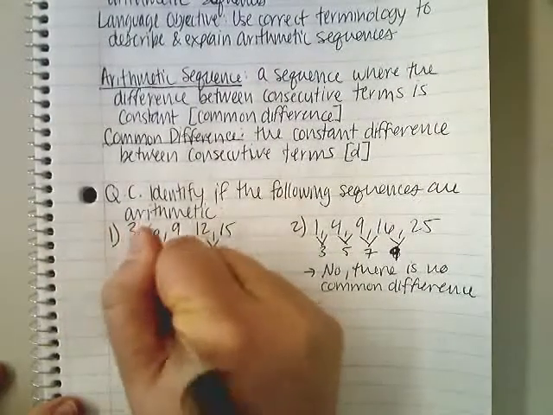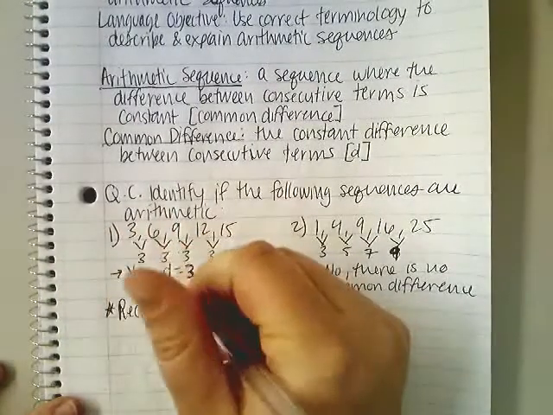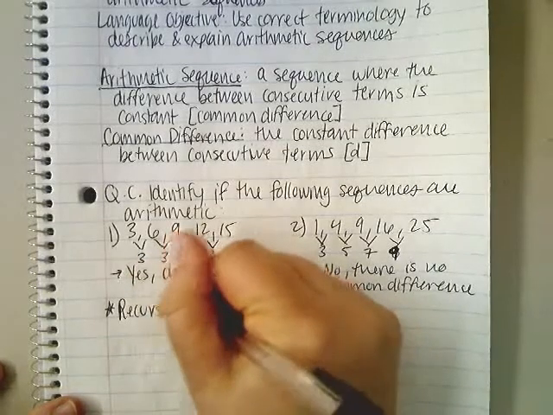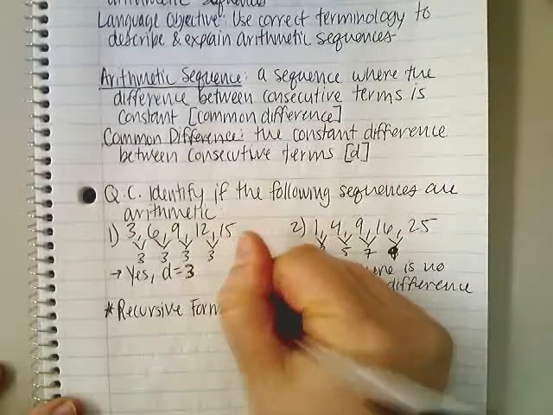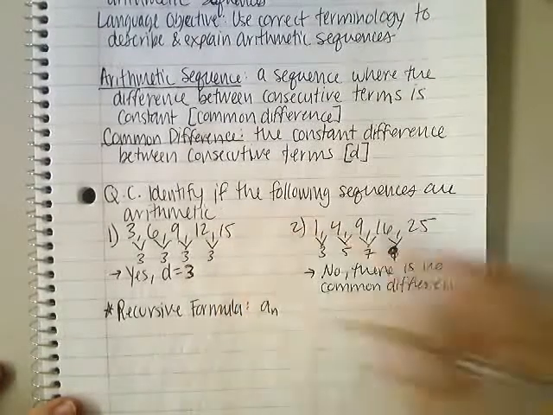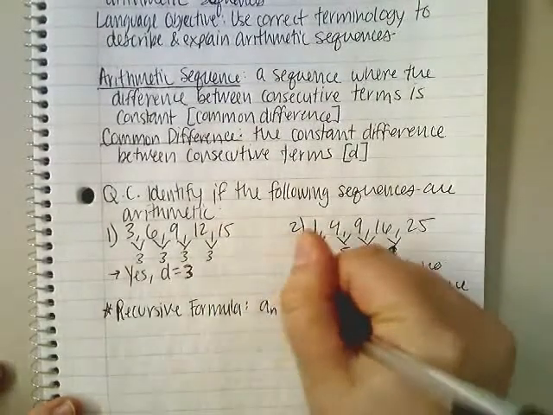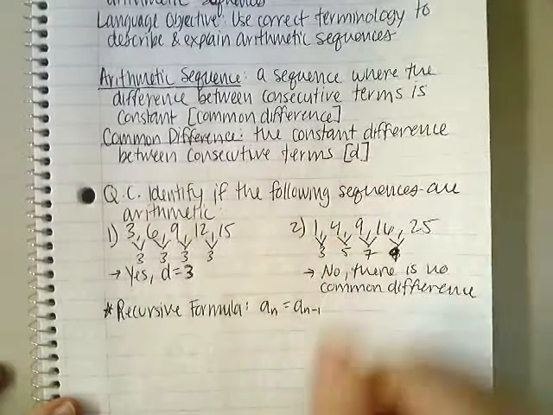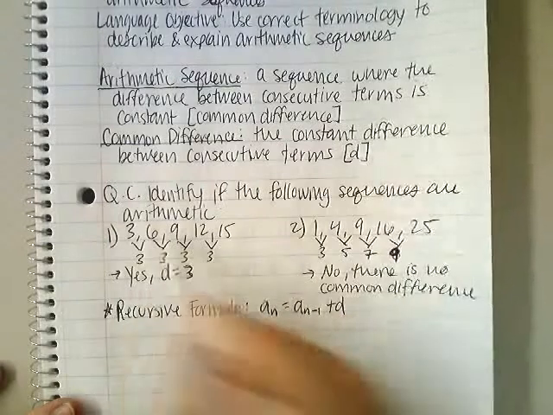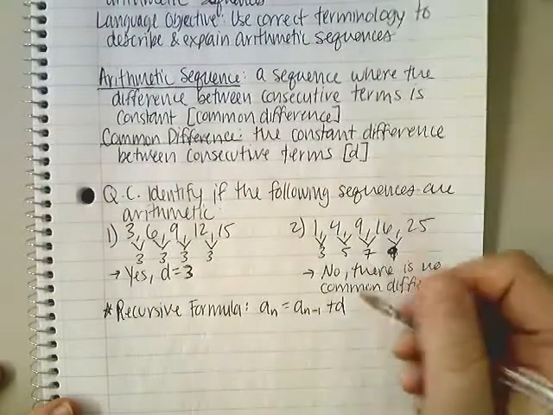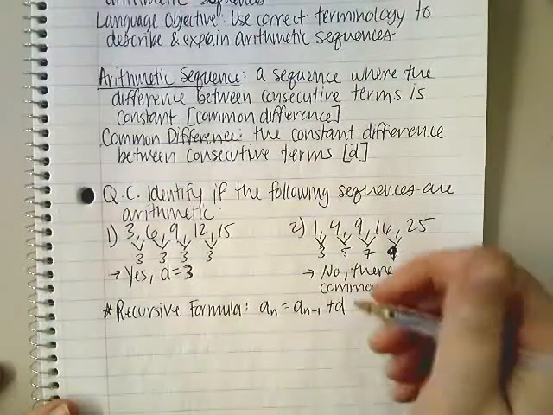So yesterday we practiced a lot with recursive formulas. Our recursive formula for an arithmetic sequence would just be a sub n is equal to the previous term, a sub n minus 1, plus d, the common difference. So you just add the same common difference to the previous term, and that will give you the term you're looking for.